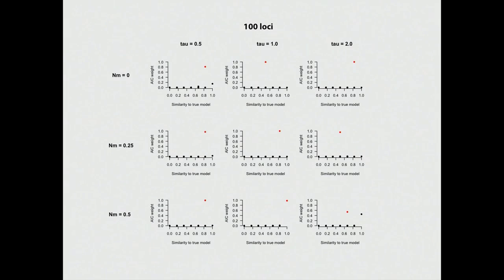So the x-axis is similarity to the true model. How are we measuring similarity? In any way that a given model differs in kind from the true model, it gets a penalty, and the dissimilarity increases.